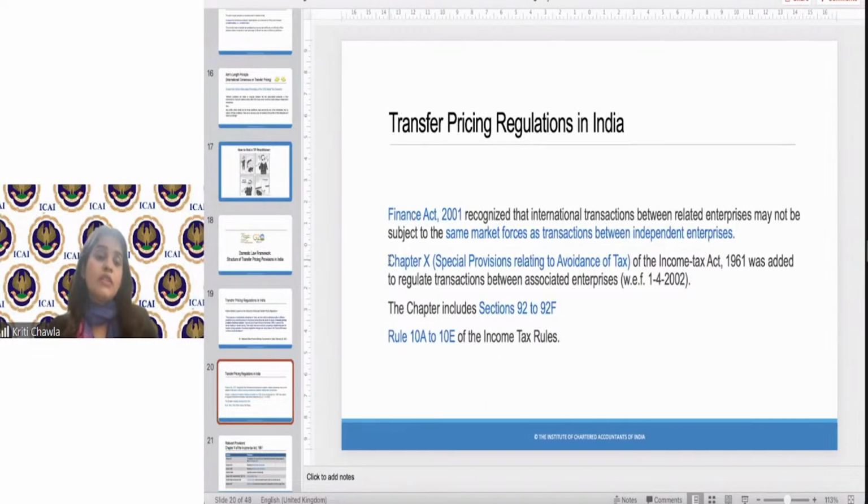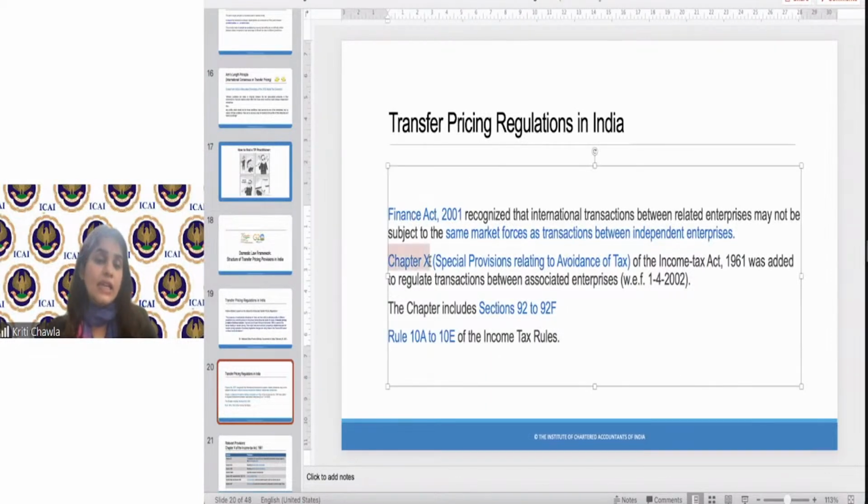If you look at Chapter 10 of the Income Tax Act, it talks about special provisions relating to avoidance of tax. Now, the point is that the name of Chapter 10 is not transfer pricing. The name of Chapter 10 is special provisions relating to avoidance of tax. That basically means that there were a lot of tax avoidance strategies happening.